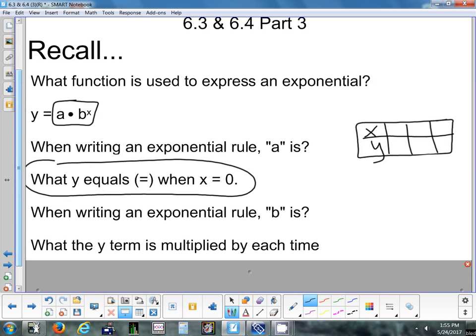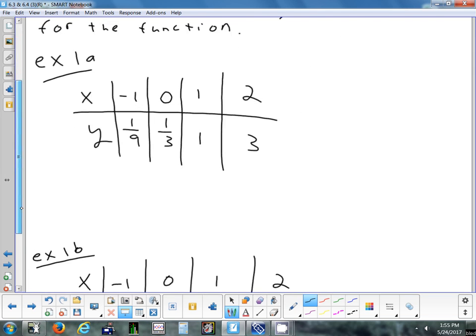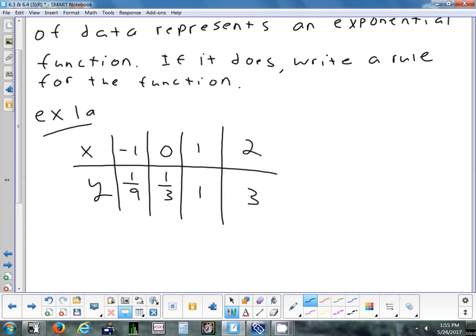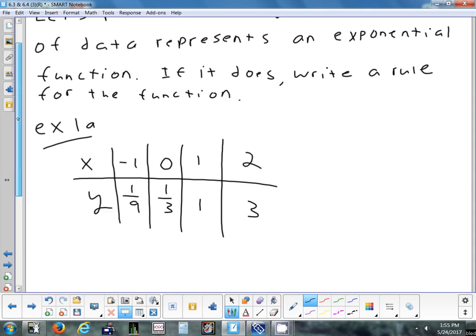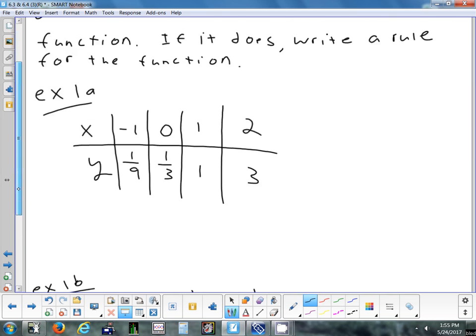Good, Marissa. All right, so sort of like we did yesterday, on your notes you have example 1a. The directions say to see if it represents an exponential function, and if it does, write a rule for each function.